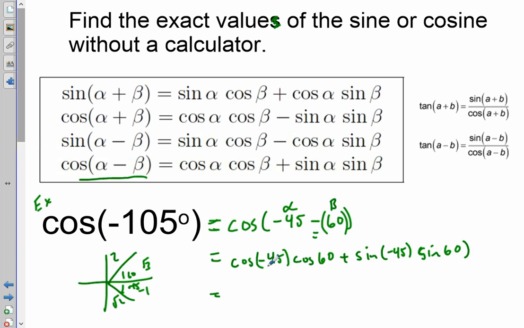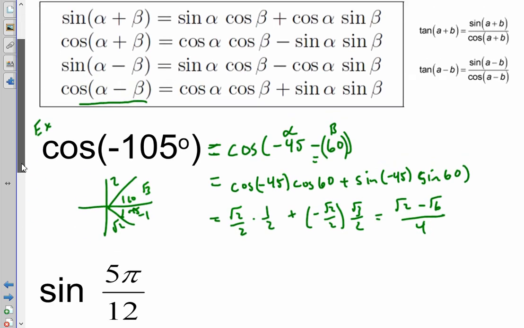So cosine of negative 45 is square root of 2 over 2 times cosine of 60, which is 1/2, plus sine of negative 45, which is negative square root of 2 over 2 because it's in the fourth quadrant for sine, and sine of 60 degrees is square root of 3 over 2. Simplifying, we would have square root of 2 minus square root of 6 over 4, and that would be our answer.